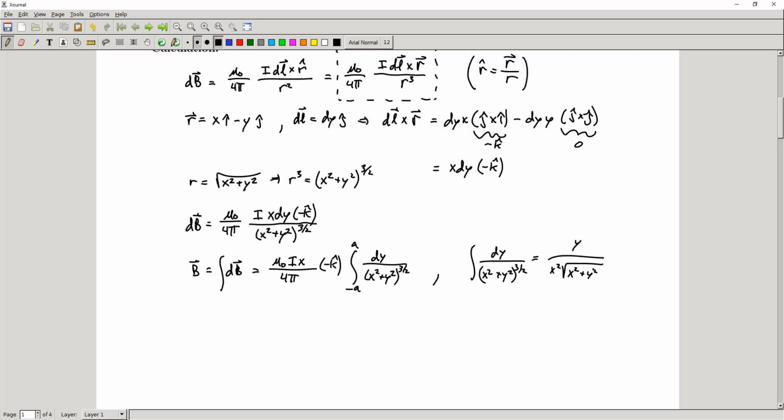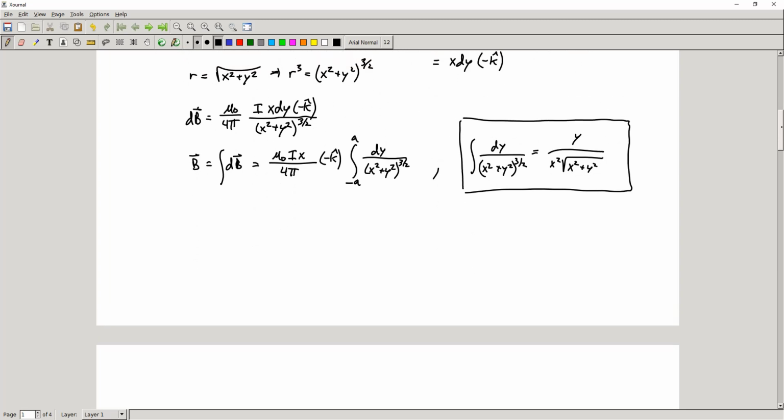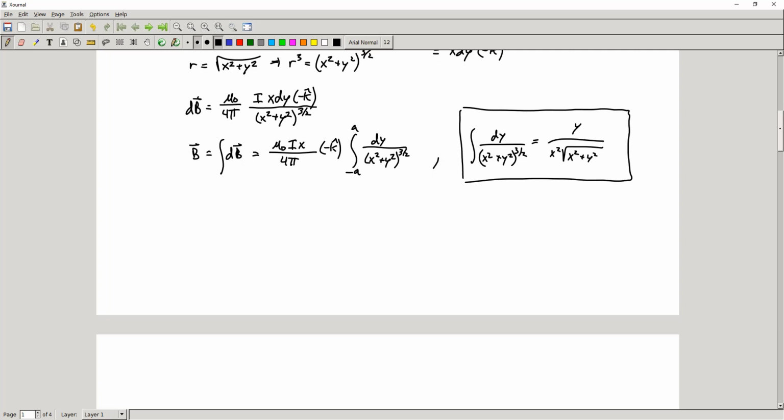Okay, so we know this indefinite integral from our formula sheet and from our previous work. So we can just take this result and evaluate it at minus a and a to get ourselves an answer here. Okay, so we won't even have to do the hard work of integrating. We'll just sort of skip that. Maybe I'll write it one more time on this page and then move on to the next page.